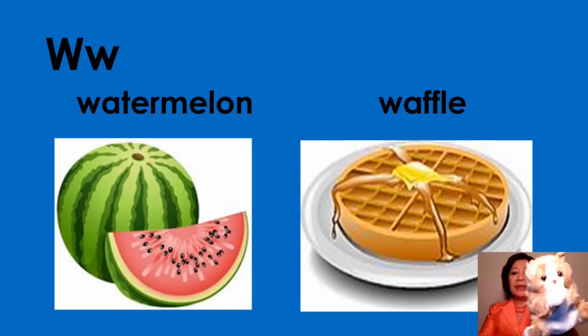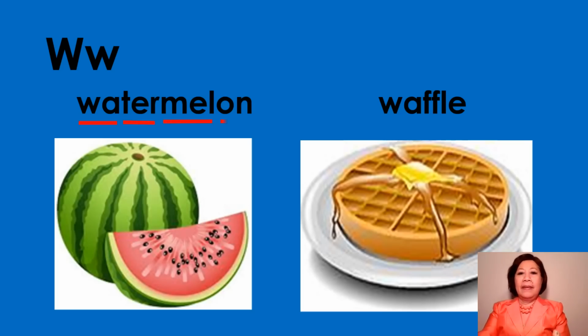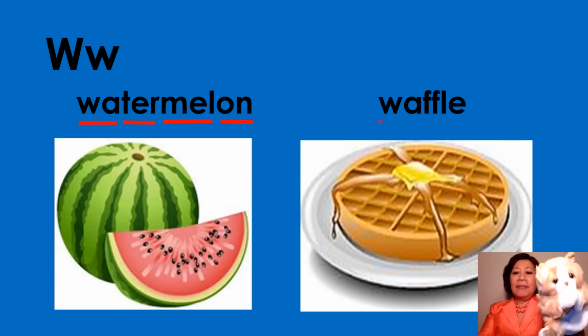W. W says W as in watermelon. A watermelon is a large fruit that grows in vines. W. W says W as in waffle. A waffle is a dish made from batter or dough in between two hot plates with patterns.